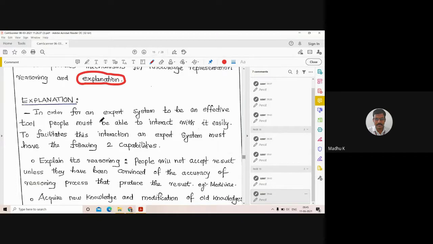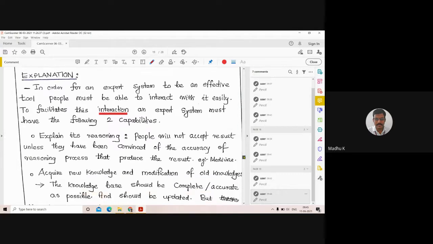To facilitate this interaction, an expert system must have the following two capabilities.